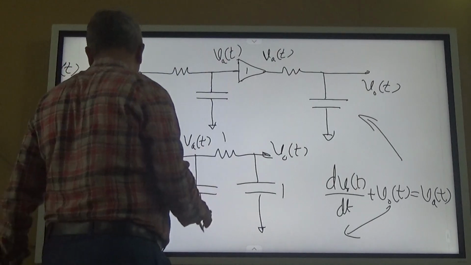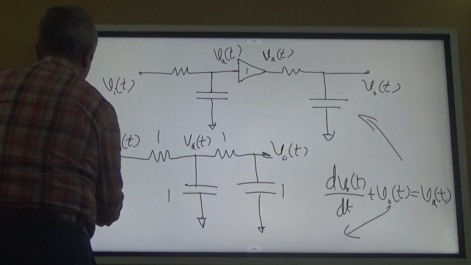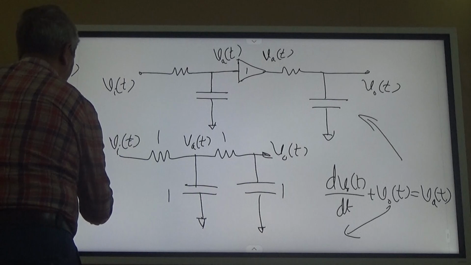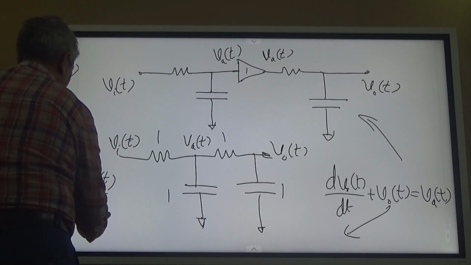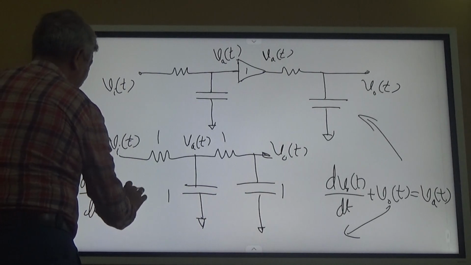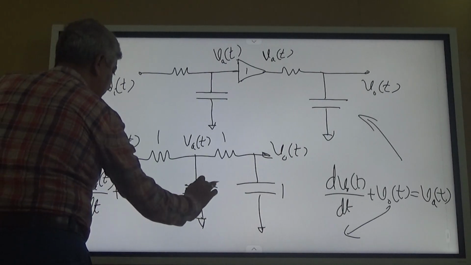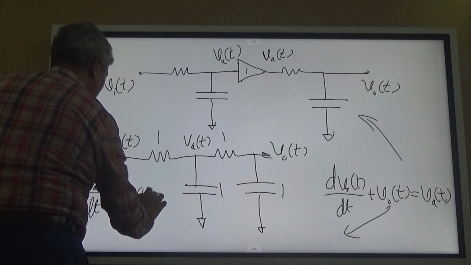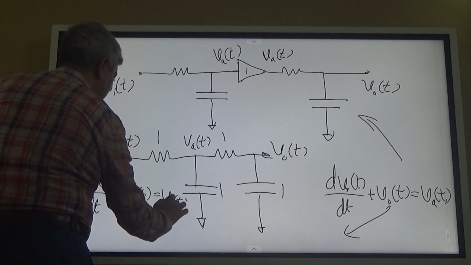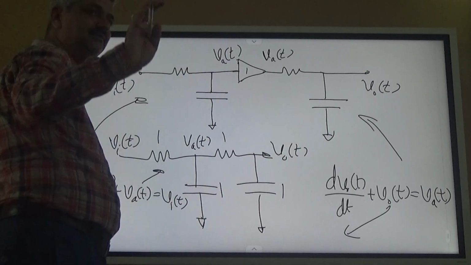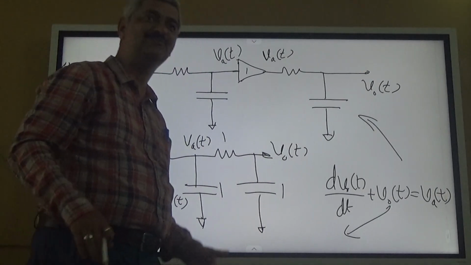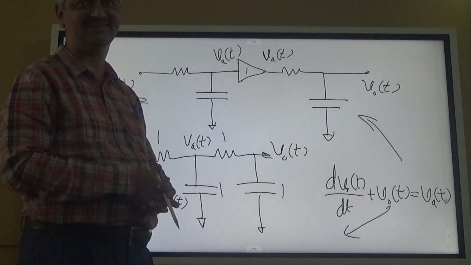And then next is dVAT/dt plus VAT equal to VIN(t), for this circuit as for this circuit. Is it correct? If so, then both circuits should give me the same answer.